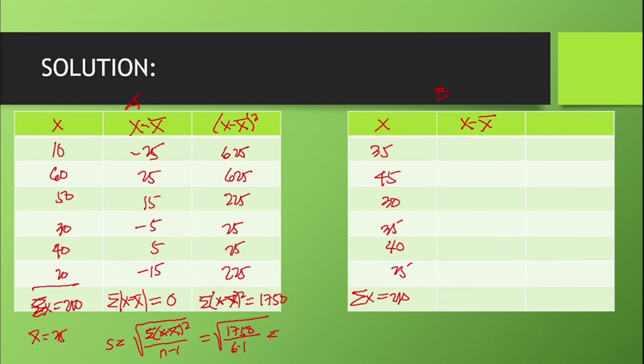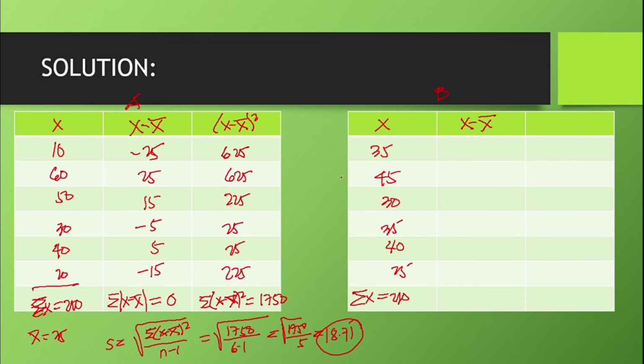We have the square root of 1750 over 5. The result of this one, using the calculator, is 18.71. So this is the standard deviation for brand A.